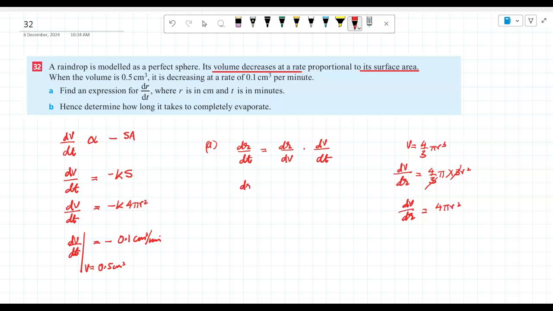So dr by dv is 1 upon 4 pi r square, because it will be the reciprocal. This is dV by dr, this is dr by dV, so you just take the reciprocal, into dV by dt. What is dV by dt? Minus k times 4 pi r square. So this and this cancel out, so dr by dt is equal to minus k.